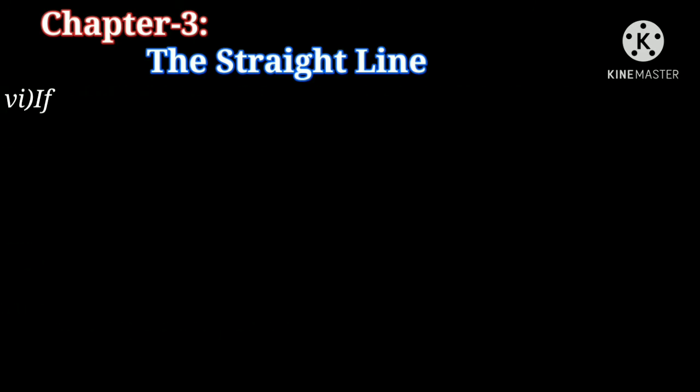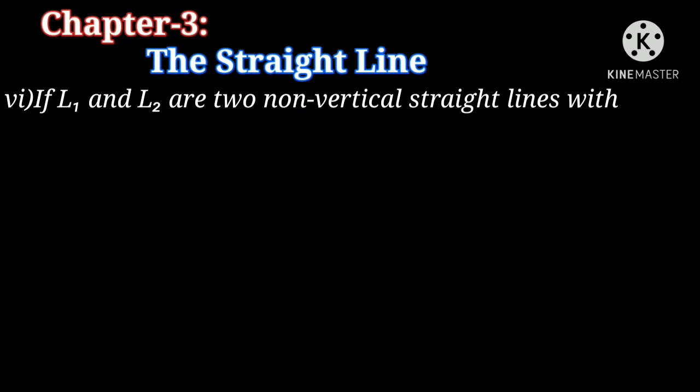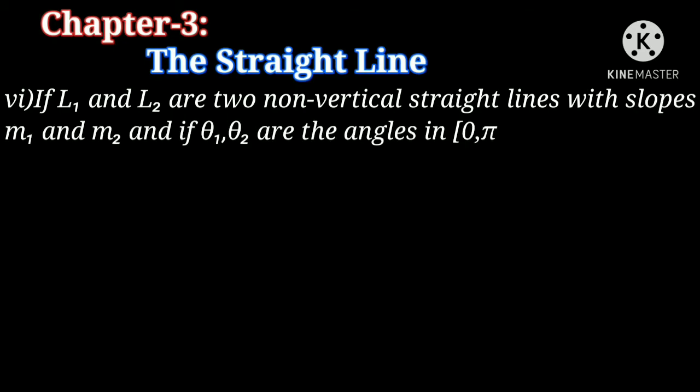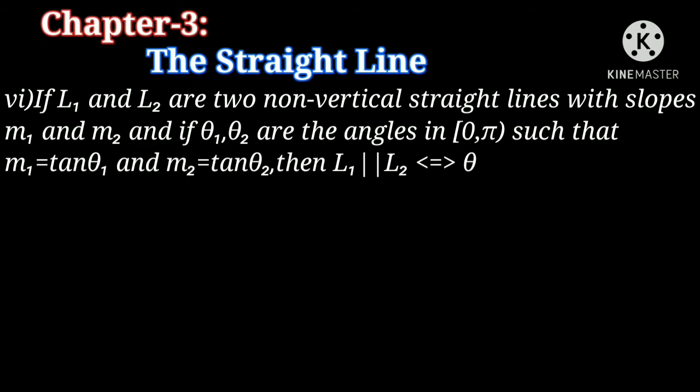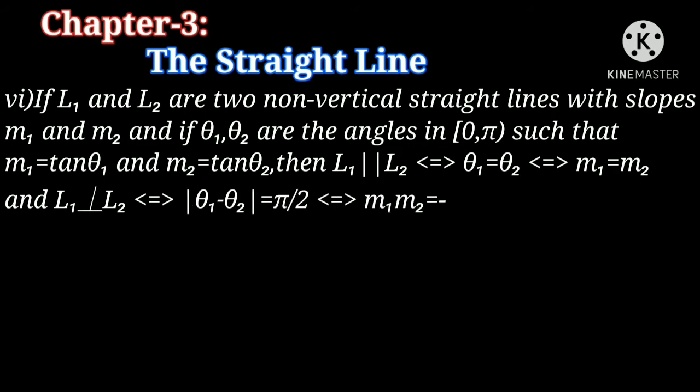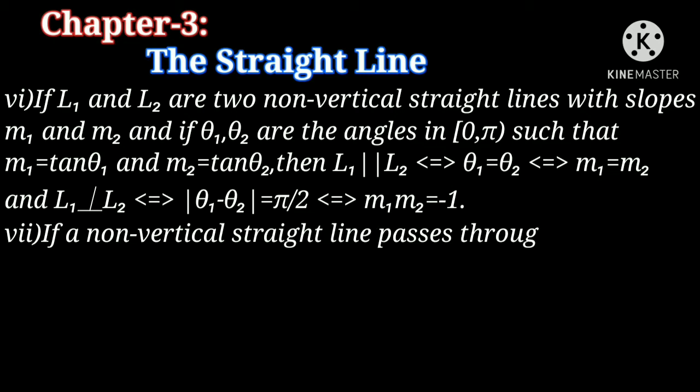Next, sixth, consider two non-vertical straight lines L1 and L2 having slopes m1 and m2, and theta 1 and theta 2 are the angles in the interval 0 to pi such that m1 equal to tan theta 1 and m2 equal to tan theta 2.